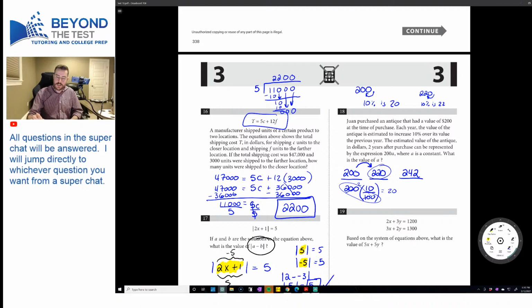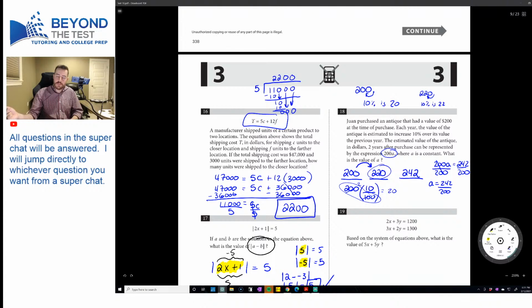Now the expression in 2 years we know is represented by 200a. So what I'm going to do then is take 200a and set it equal to 242. And now I just want to solve for a. So I'm very simply just going to divide by 200 here. Divide by 200. So we have a is 242 over 200.